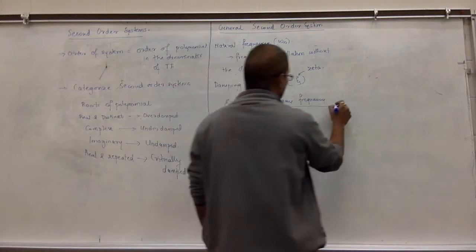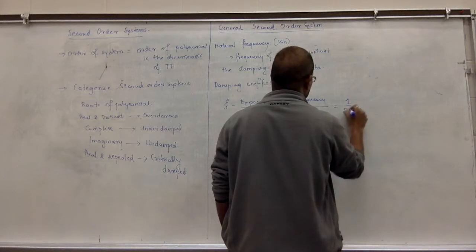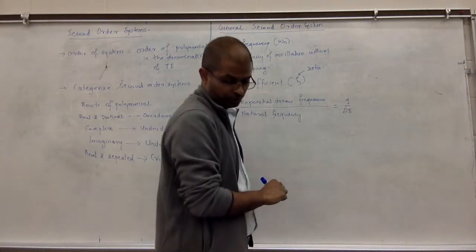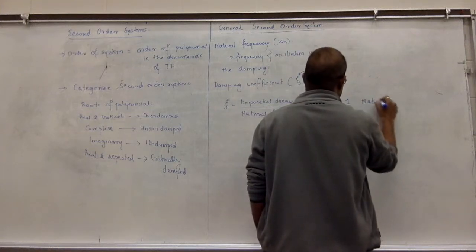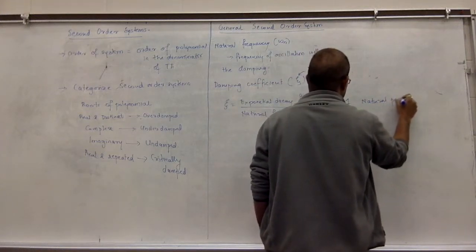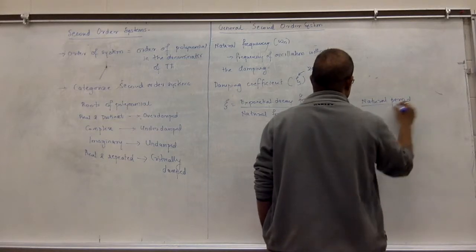This is simply 1 over 2 pi times the natural period over the exponential decay period.